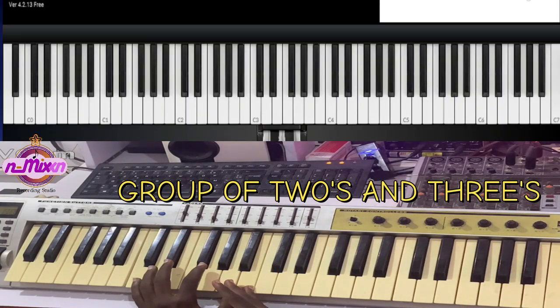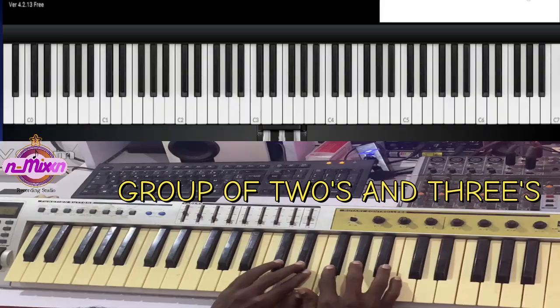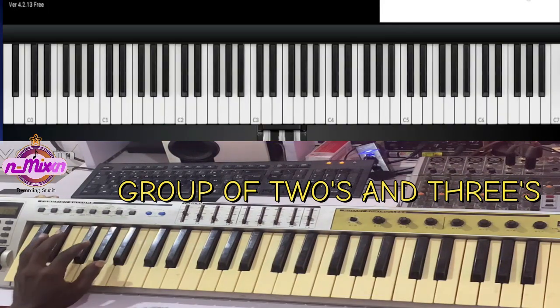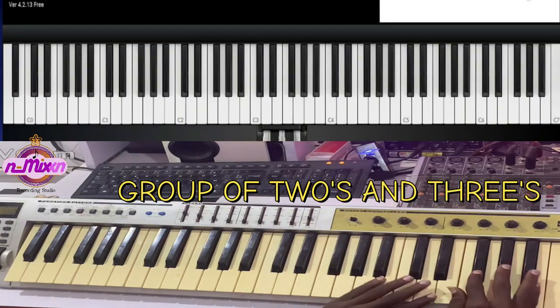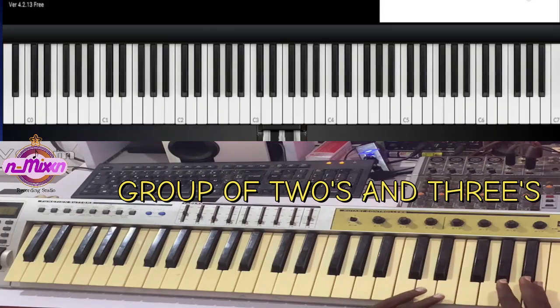And also we have a 2 and 3 here, the same thing with the white ones around it. Then the next one, we have another 2 and 3 here, and then the other white keys that are around it.